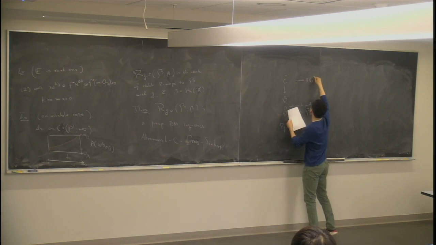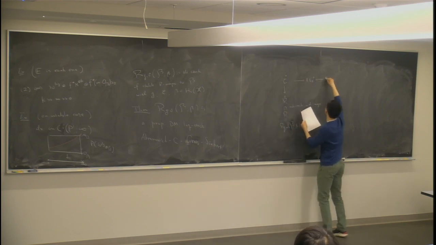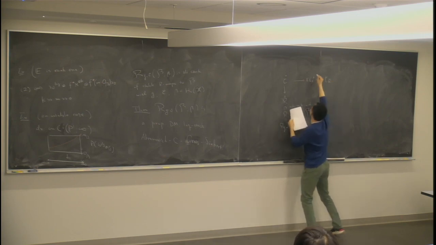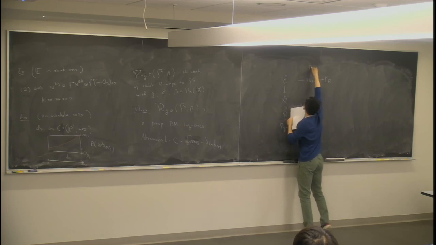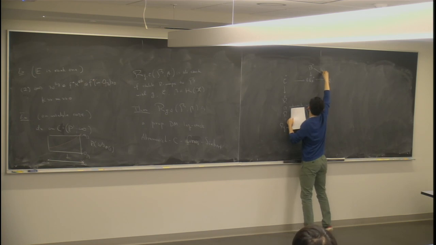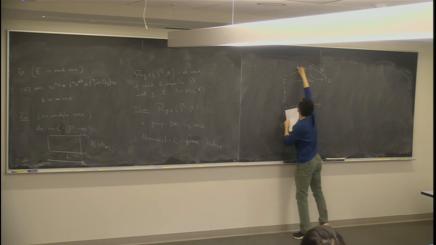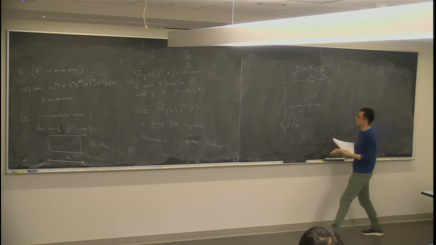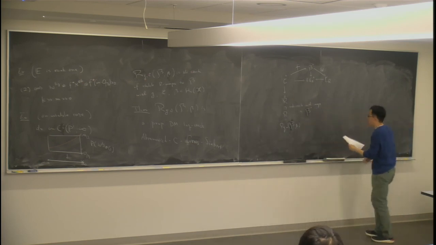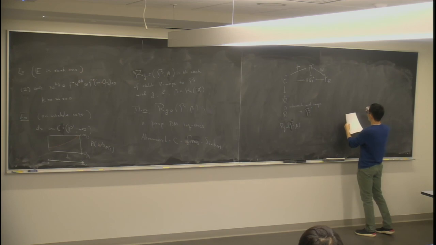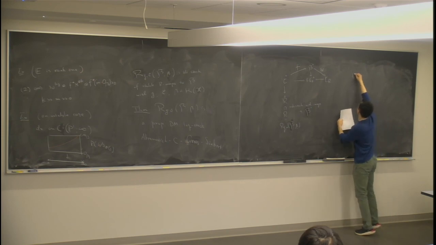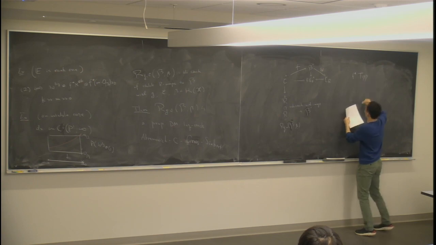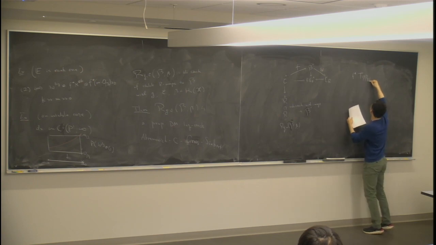PC star R LR. So now over this stack we have the ordinary construction. Namely, I take the pullback of the relative tangent bundle.